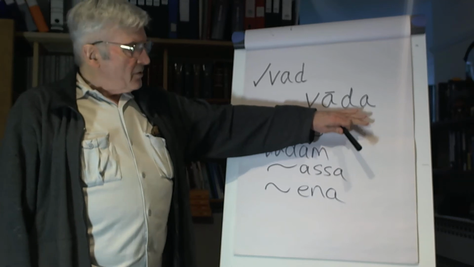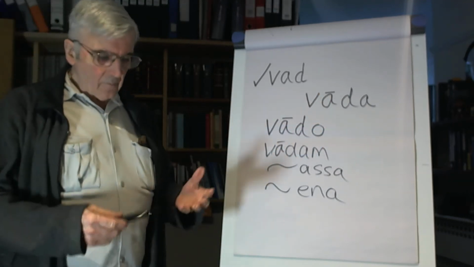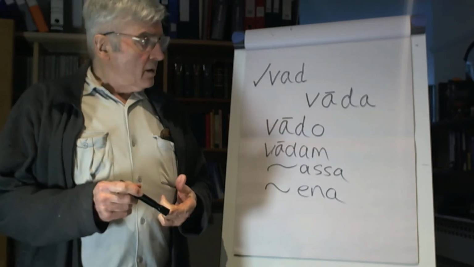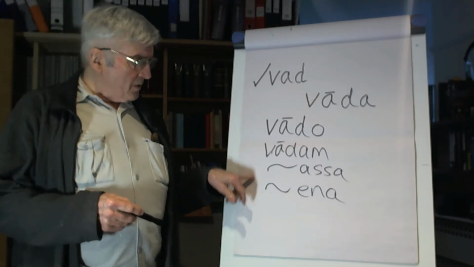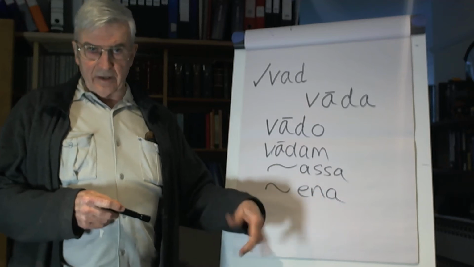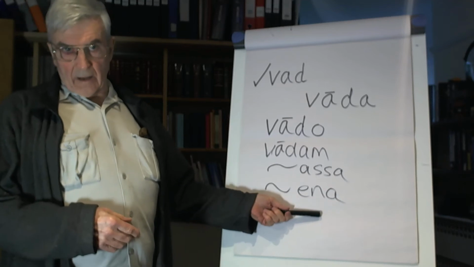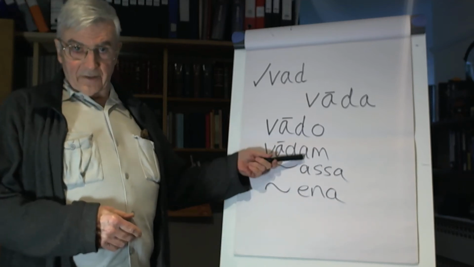The stem, by the way, is more than just the base on which the inflected forms are built. It serves two other very important functions. Firstly, if you saw the word vadam or vadena in a text, and you wanted to look up the word, you would not look up vadena or vadam in the dictionary.